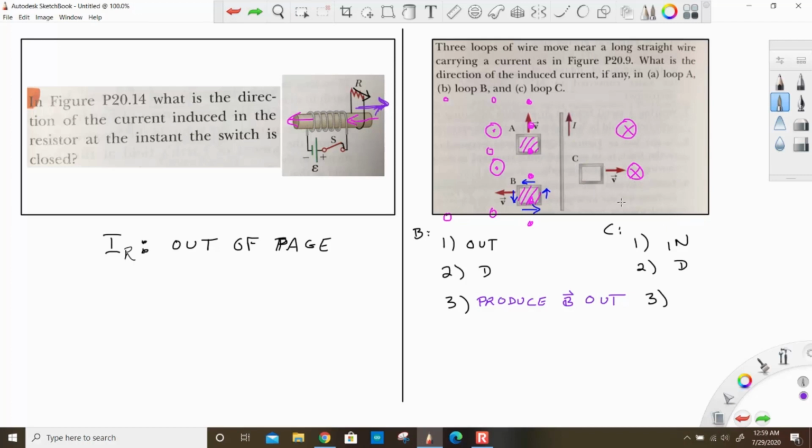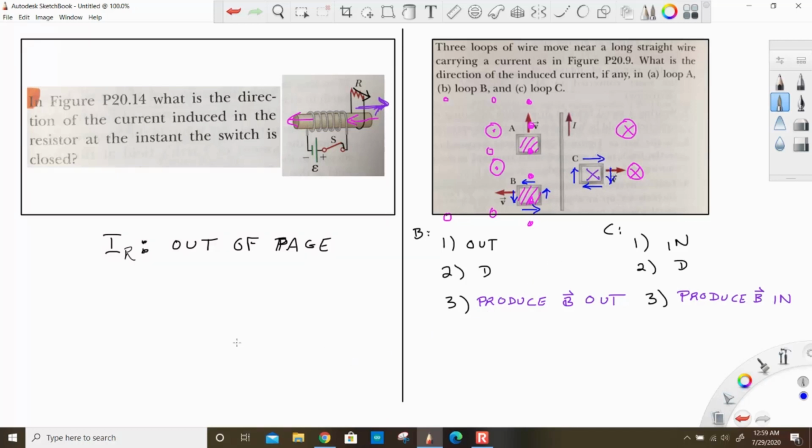Now you've got maybe a couple 100,000. You say, oh, I need to produce more field lines into the board to make up for the lost ones, right? So you'll produce B field in. In order to do that, you'll have to induce a current that goes this way.